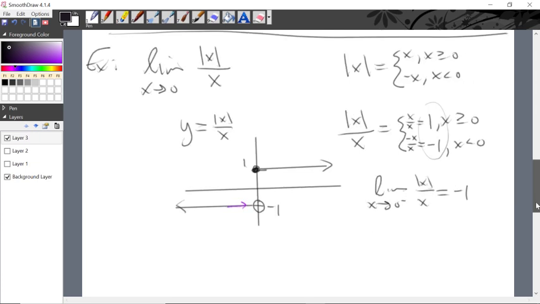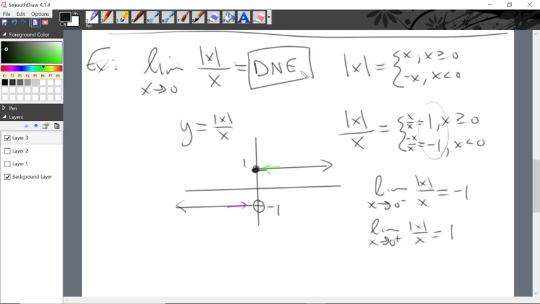But the limit as x goes to 0 from the right on the same graph, and we are approaching this way, we would be approaching the y value of 1. And these do not equal each other. Therefore, this limit in general for x approaching 0, that limit does not exist.